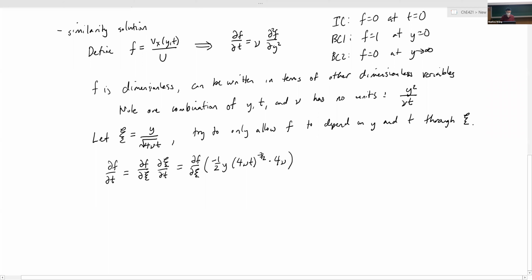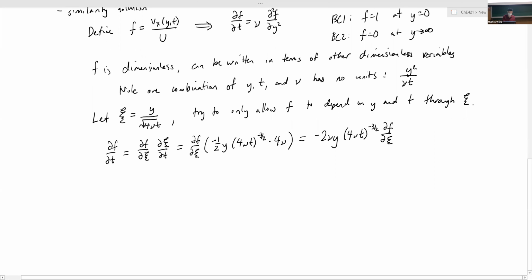Maybe you guys can believe me real quick, but very quickly, the y doesn't change. This is 4 nu t to the power of -1/2, and so the -1/2 comes out in front here, and then the power becomes -3/2. I have to chain rule again because there's a 4 nu, and that 4 nu comes out in front over here. And so I get something that looks like this, just through some simplifications.